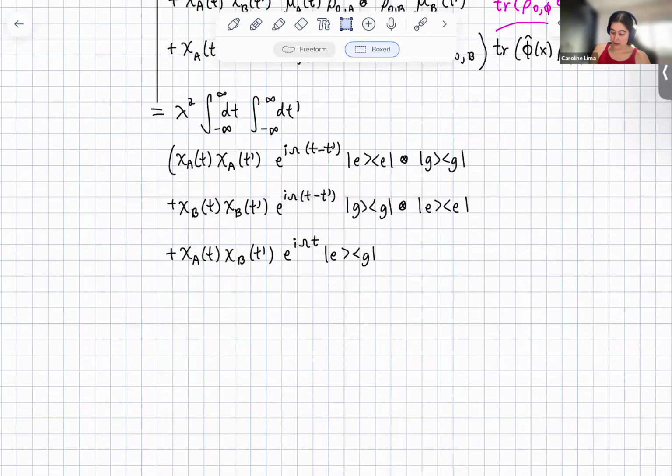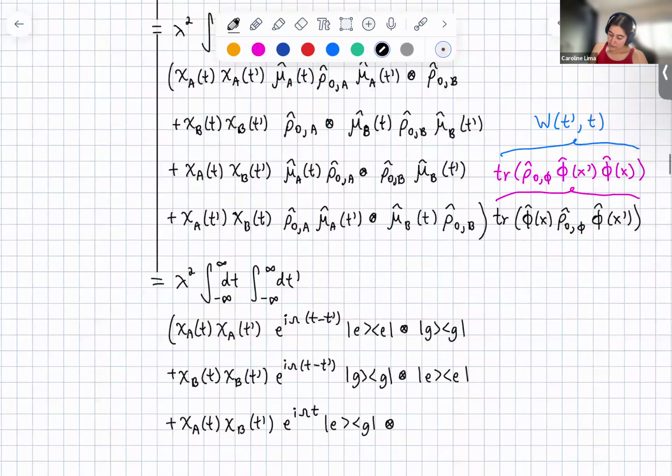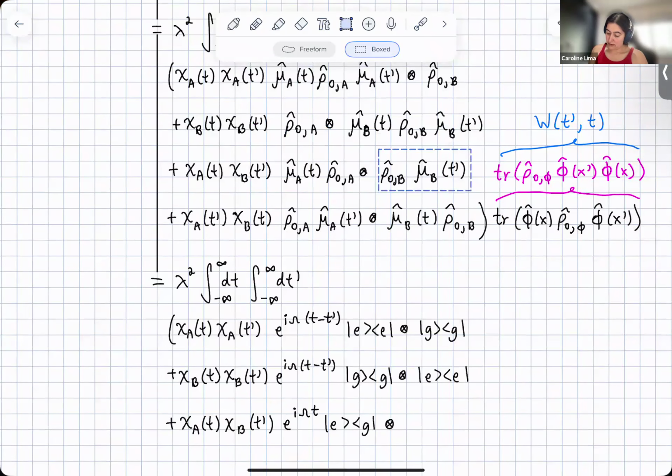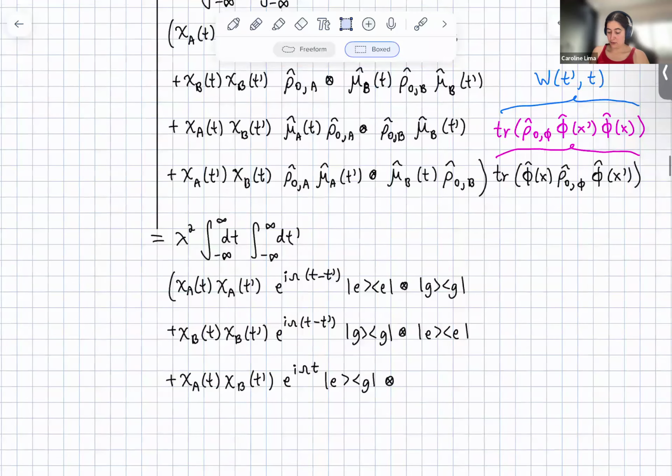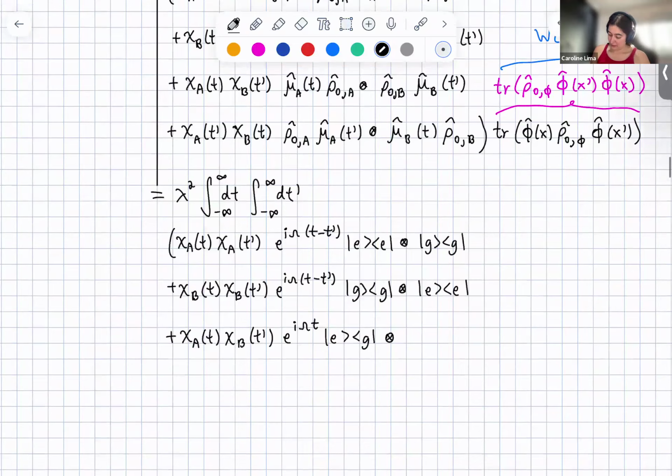So that is for A. Now what's happening for B? For B it is going to be rho times mu. So rho times mu is just mu times rho, but Hermitian conjugate, right? So what we're going to get here is e to the minus i omega t prime, right?